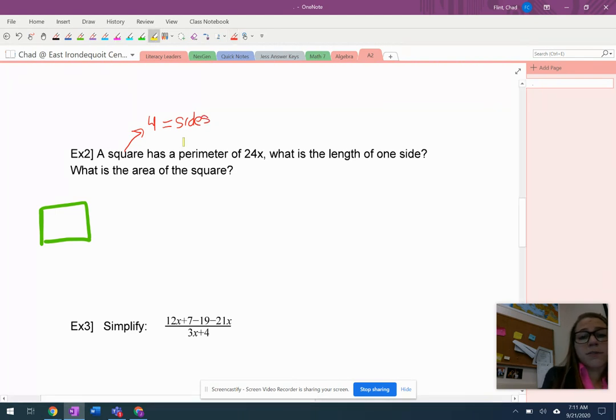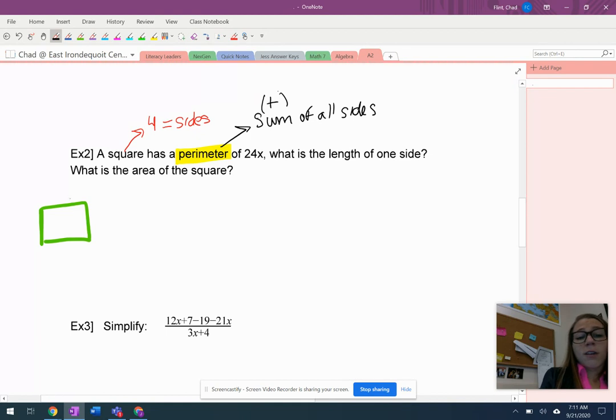Then they bring up this fancy perimeter word. You might remember that perimeter, and if not, that's why we're talking about it. Perimeter is the sum of all sides. And when we say sum, we mean addition.